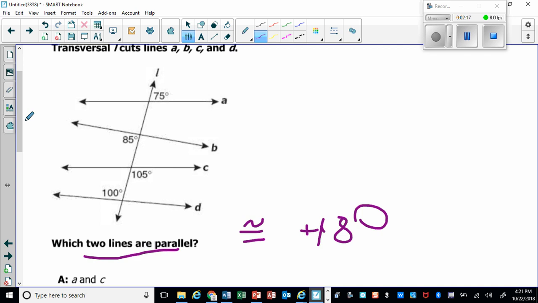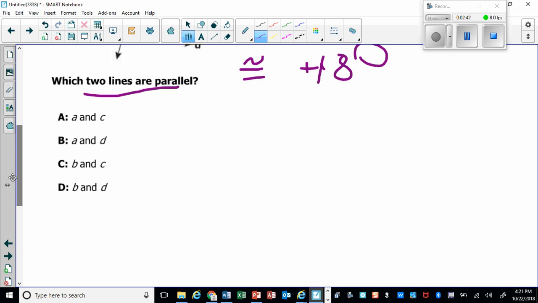So which two angles are going to add up to 180? If you take 75, is it going to be 180 with 85? Then with 105, good job. So those are the 105, so it should be A and C.